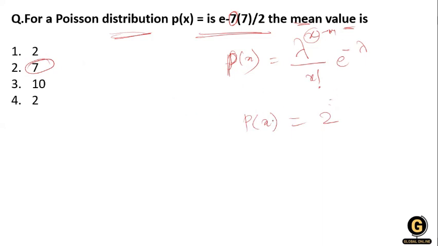The option number 7 is not correct. Here we can write it like this: P(x) equals e to the power minus 7 ... 7 divided by 2. So the mean is 2. And the lambda is 7.